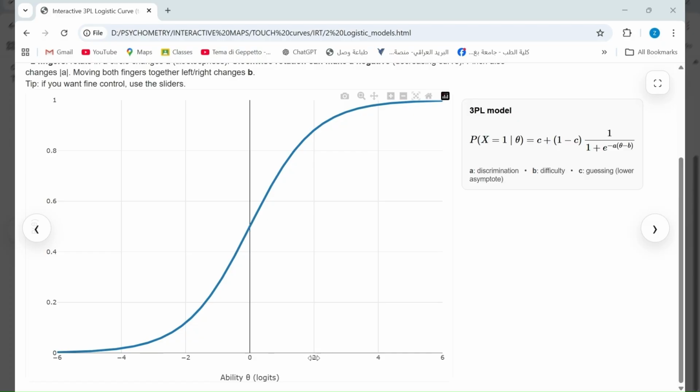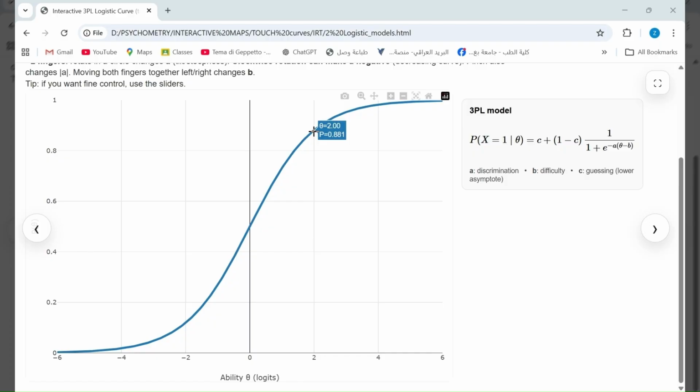For example, at logit 2, we'll see that the probability of answering the question is 0.881. So about 88% will answer it correctly, and about 12% will answer it wrong. So the probability is higher because the ability is more. Two logit ability is way higher than zero, so they are more able students.